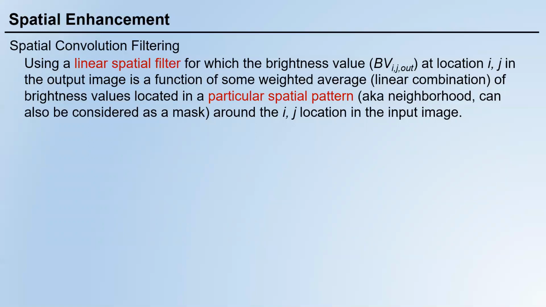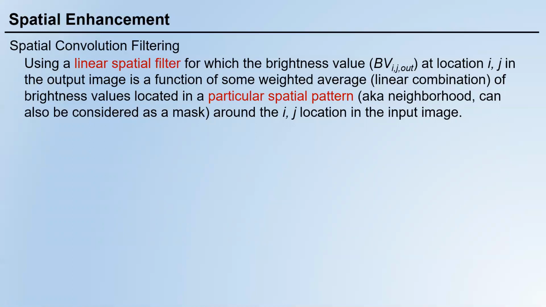BV ij out is a function of some weighted average, or weighted linear combination, of brightness values located not everywhere, but in a particular spatial pattern, or we say in a neighborhood. A neighborhood can also be considered a mask. Spatial pattern, neighborhood, mask: when we're talking about them, they are the same.